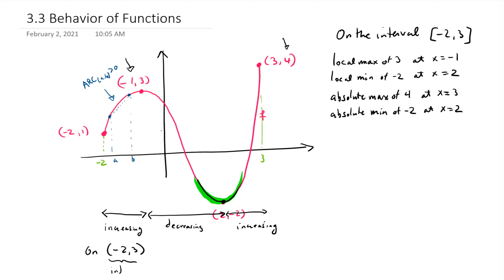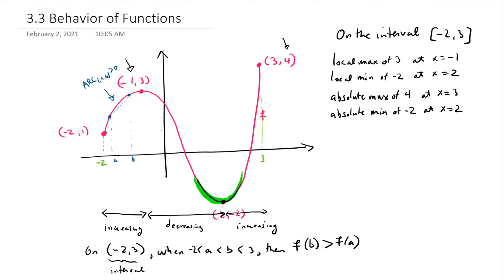Note this is an interval, not a point. On the interval minus 2, 3, when you've got 2 points such that A is less than B and they're between 3 and minus 2, then the function value at B is higher than the function value at A.